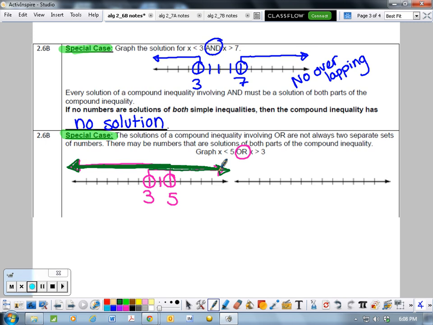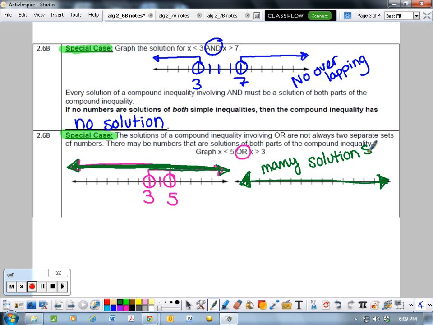The entire number line. So this is our final answer, the entire number line, which is many solutions, any real number, that type of statement that illustrates that every number on the number line will be a solution.